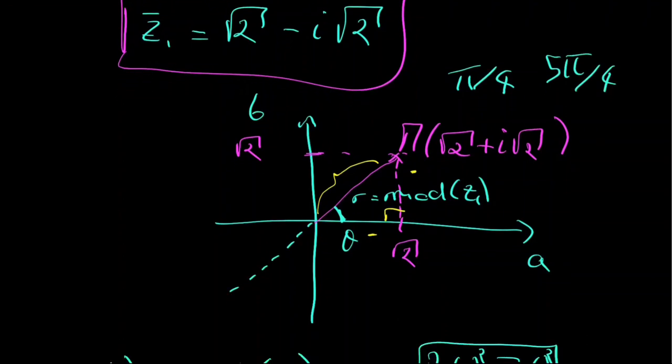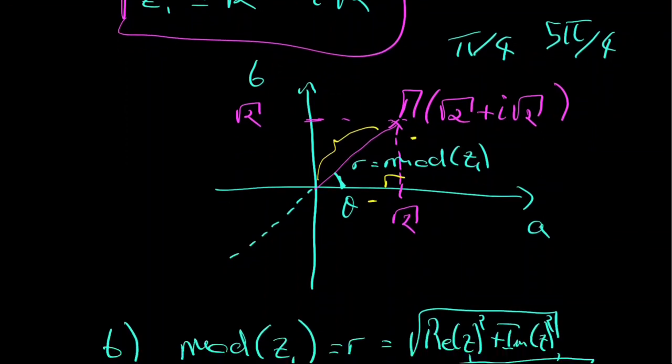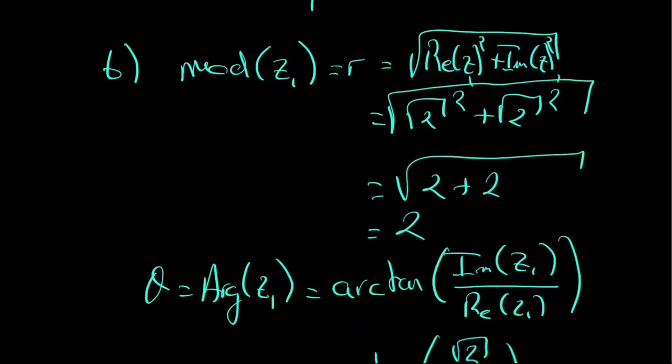But how do we choose which one is the right one? Just looking at the sketch, just looking at where the point is. The point is in the top right part of the plane, so the answer is pi over 4.